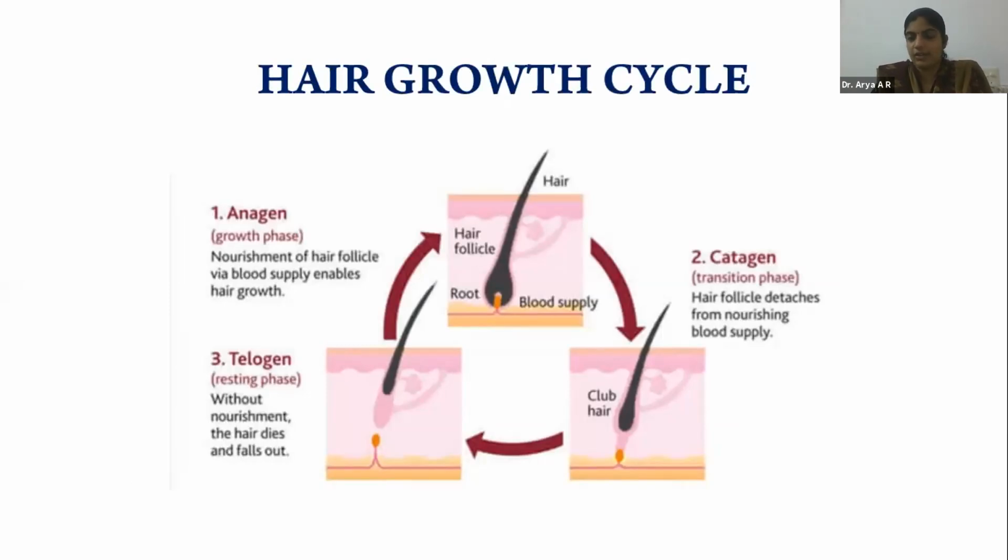One of the major causes is hereditary. Heredity plays a very important role in the majority of hair disease conditions, and you can see this hereditary pattern majorly in men. An example is alopecia. There is male pattern baldness, and the main cause of male pattern baldness is hereditary.